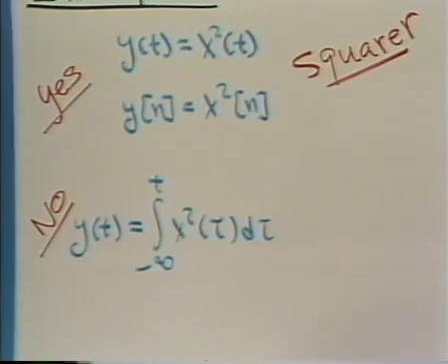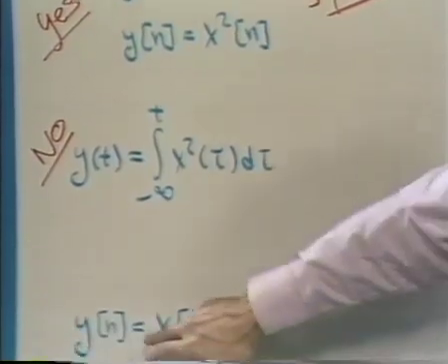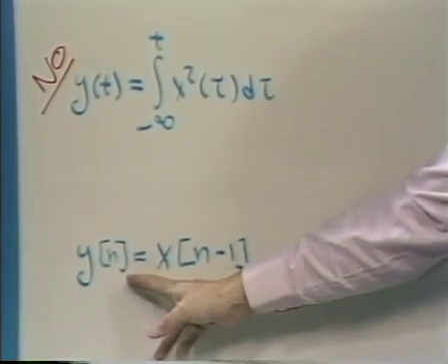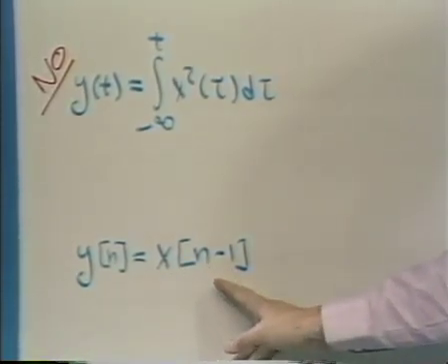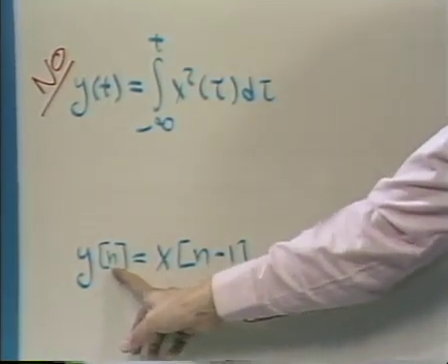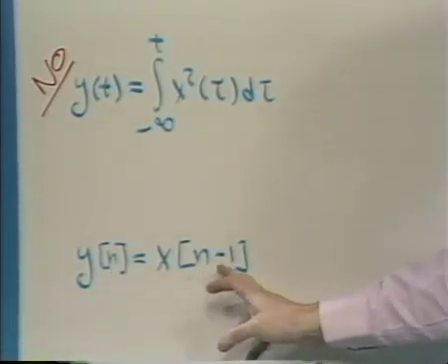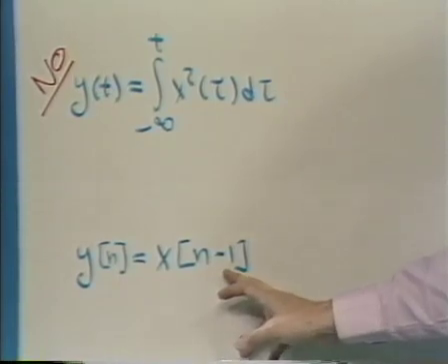And now I have a third system defined here. The third system is a discrete time system in which the output is equal to the input, but not quite. The output at some time, let's say, for example, at n equals 0, is equal to the input at one time sample or instant or value of the index before that.